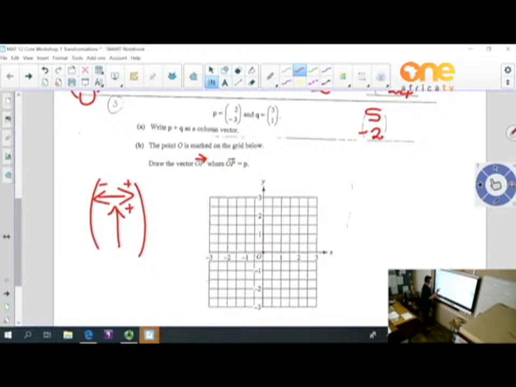If you go up, it's positive. If you go down, it's negative. Don't just count blocks, you'll have to use the units. So I go 1, 2, and then 1, 2, 3, because it is negative 3. So this is my column vector, and remember that you will always put an arrow there to indicate the direction.